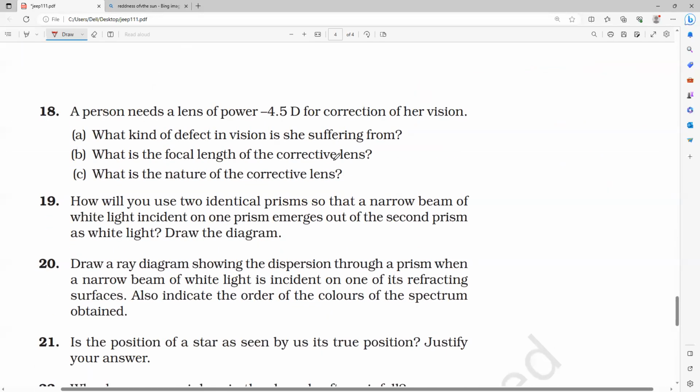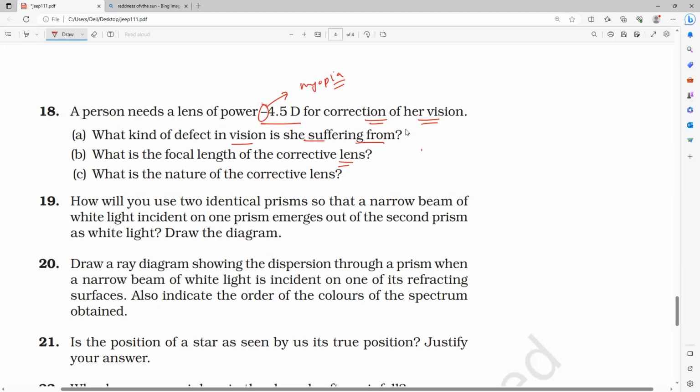Next, a person needs a lens of power minus 4.5 dioptres for correction of her vision. What kind of defect is she suffering from? By seeing the minus itself, I can say it is myopia. That is the first thing. Next, what is the focal length of the corrective lens?